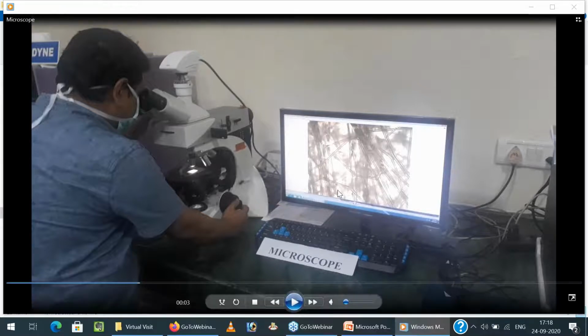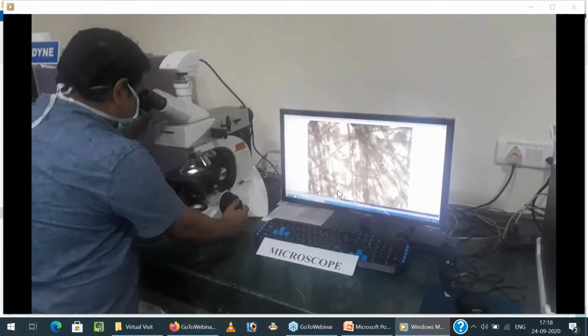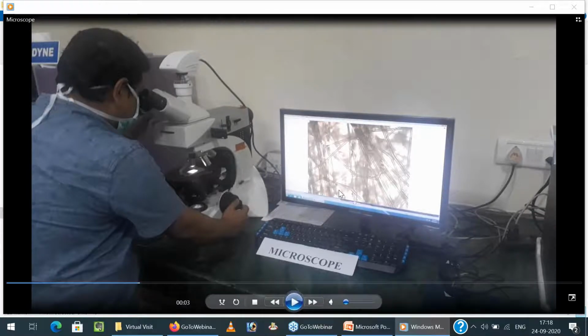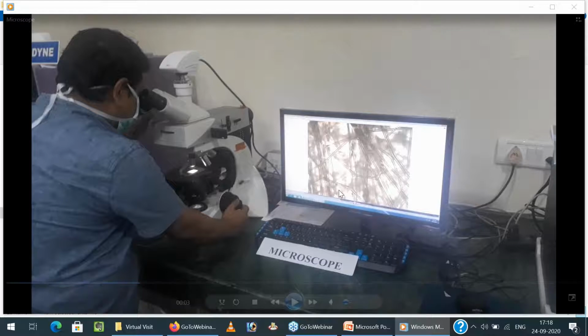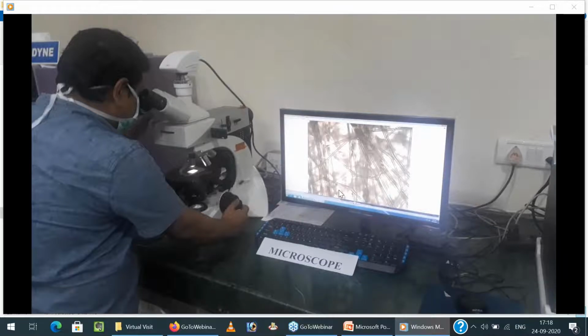And above all, we can see the longitudinal view and the cross-sectional view of the fibers. By the cross-sectional and longitudinal views, we can identify which fiber it is. Sometimes it is not possible to distinguish between, say, nylon and polyester, as they look similar.